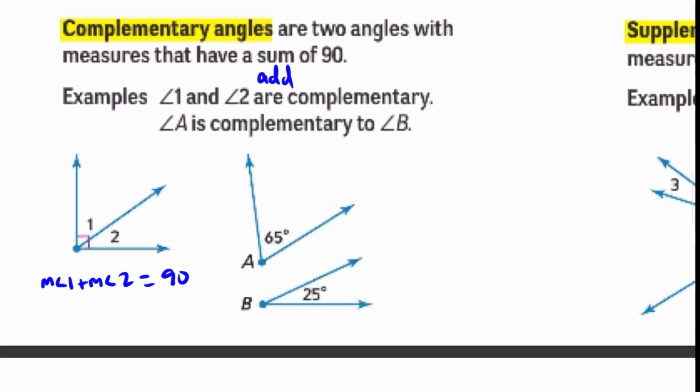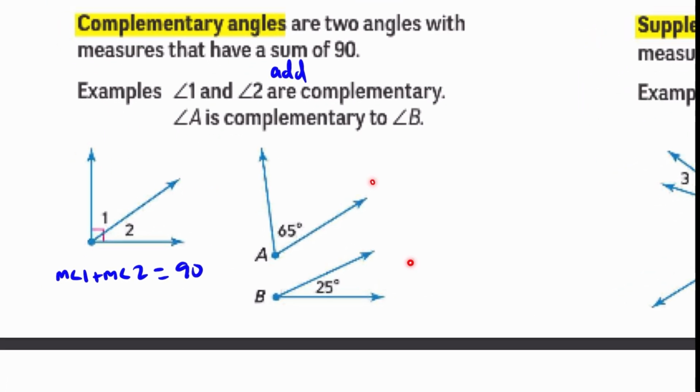And then here we have this pair here. We have angle A and angle B. The measure of angle A is 65 degrees and the measure of angle B is equal to 25 degrees. If these two angles are being added together, they form a complementary angle, okay?